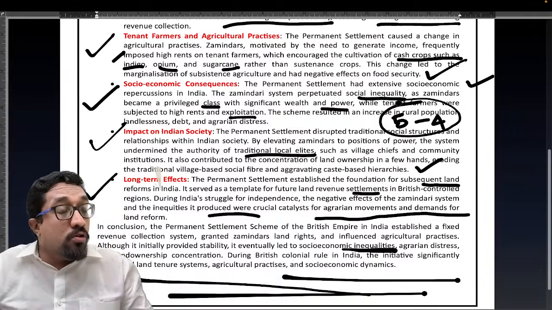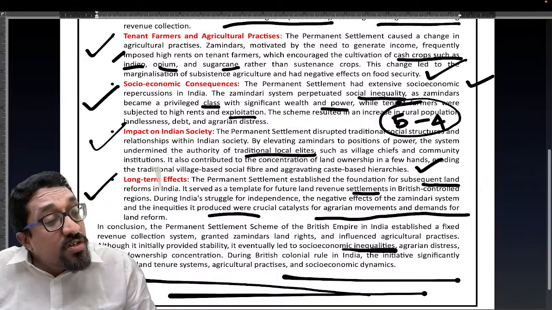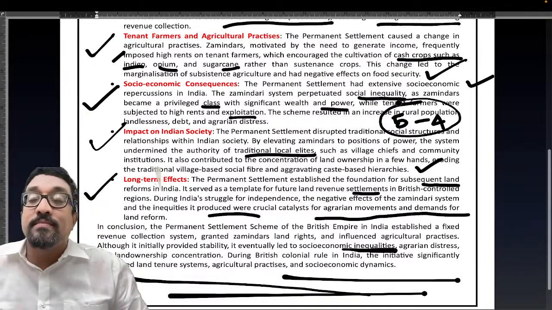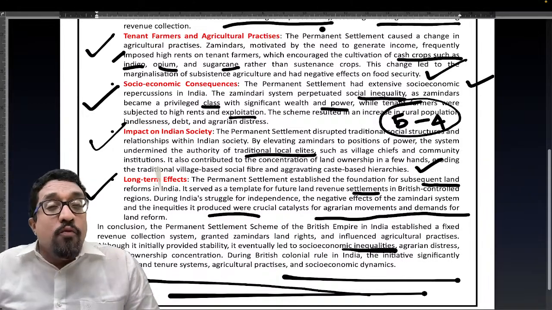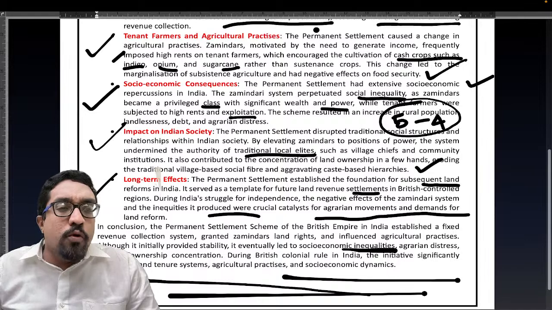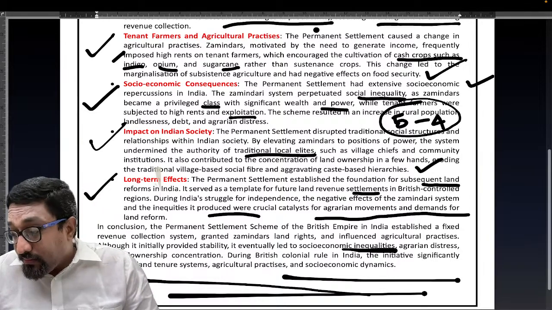Introduction, conclusion, and body. Never ever change the pattern or the style of the answer. And as I say in every mains class, answer what is asked, not what you know. Got it, guys?